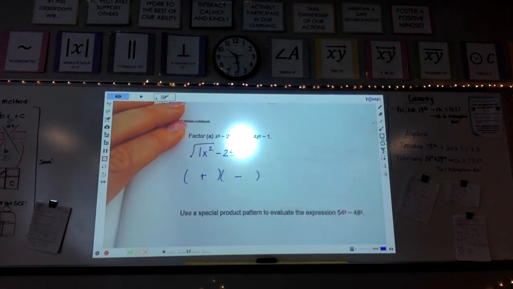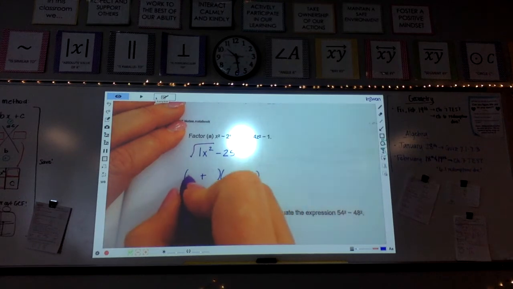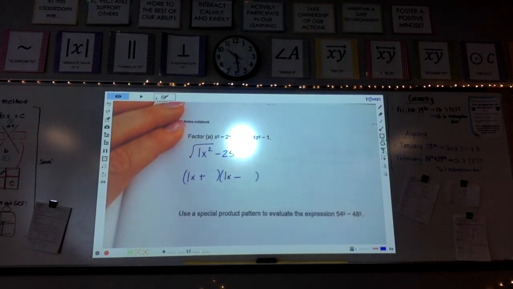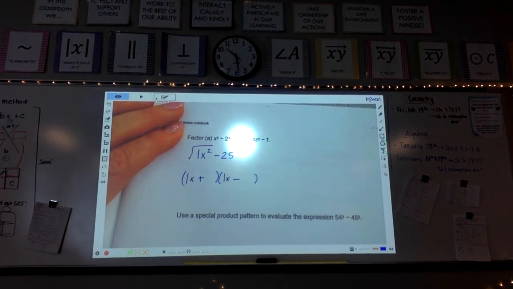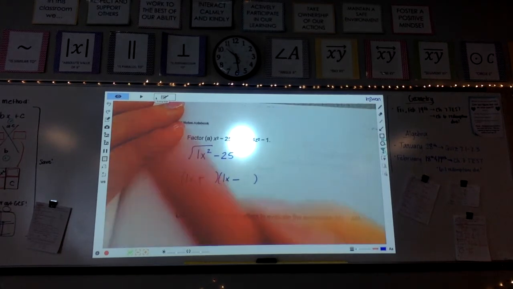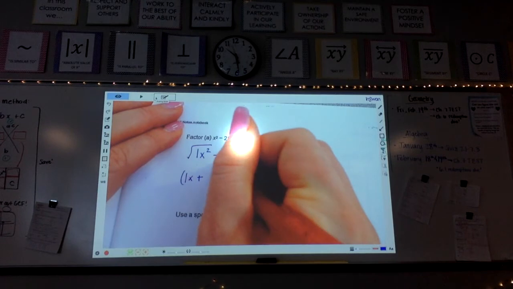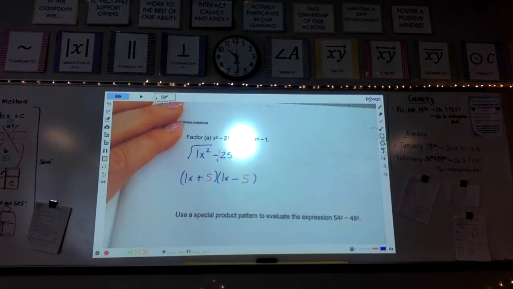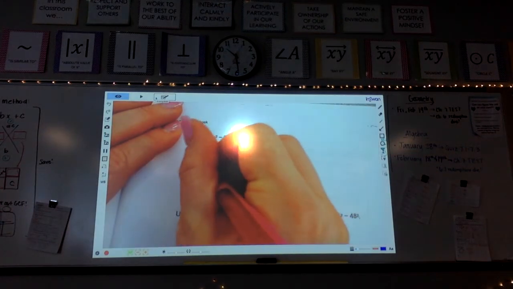What's the square root of 1x squared? 1x. We square root the last term. What is the square root of 25? We make one factor plus and one factor minus, and there are your two factors.